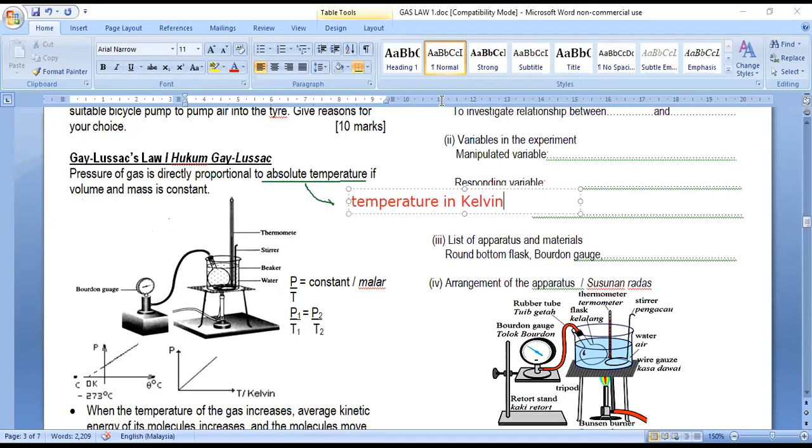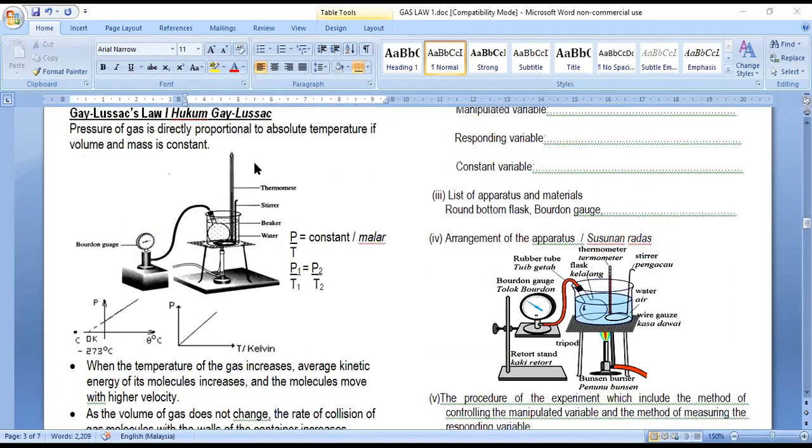So what you must do is prepare a round flask like this. In this round flask, there is trapped air. Then you connect it to a Bourdon gauge, and you put in a thermometer. You have a stirrer here, and a water beaker, and you're supposed to put ice inside the water so that we can start at a lower temperature.